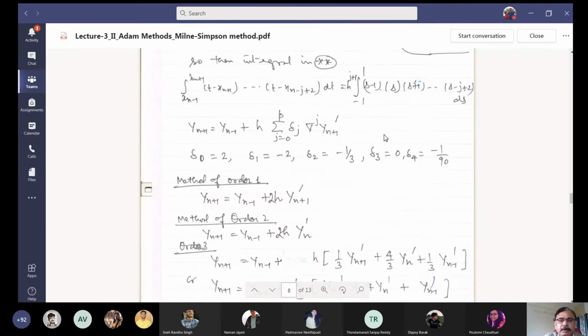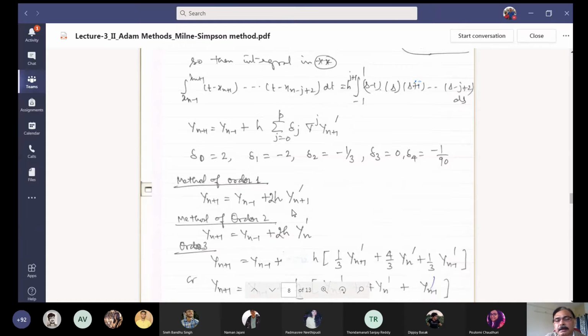I have already explained that also. That part is there in the end, which I explained on that day using your backward one. I think for the Adams-Bashforth method, I have told you. So order 1 method will be y n plus 1 equal to y n minus 1 plus 2 h y n plus 1 prime.